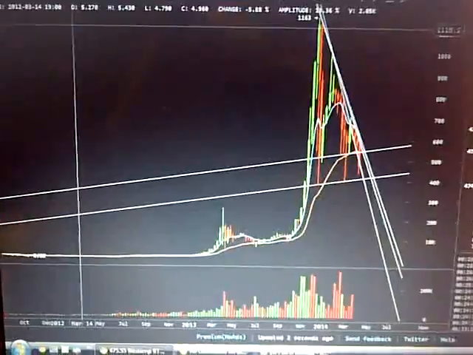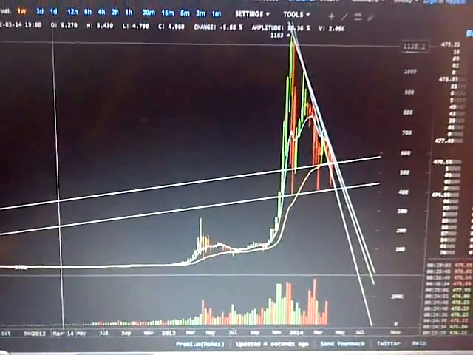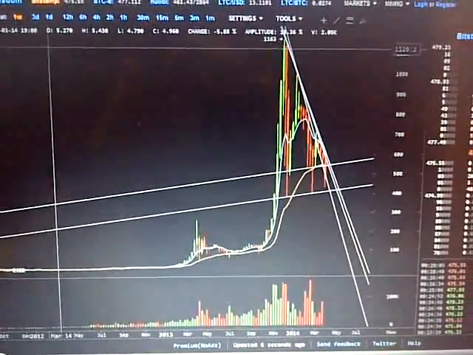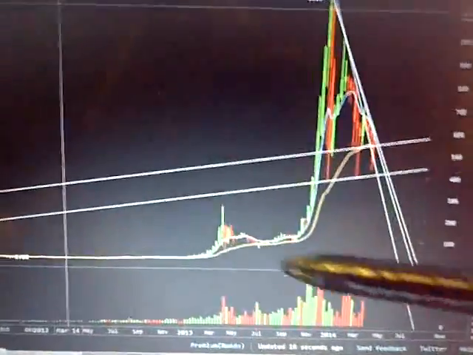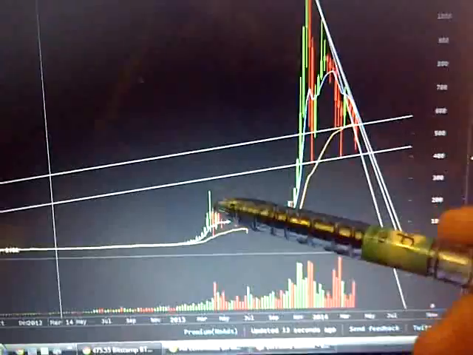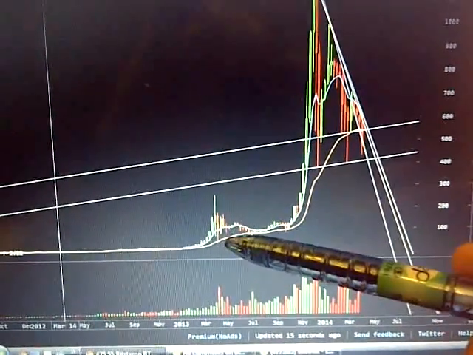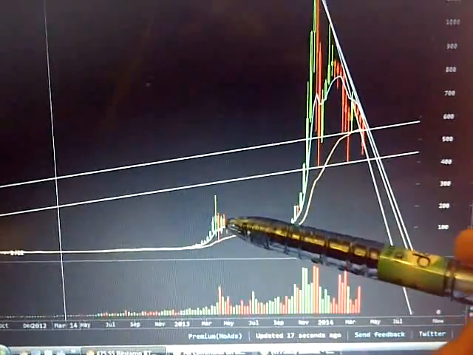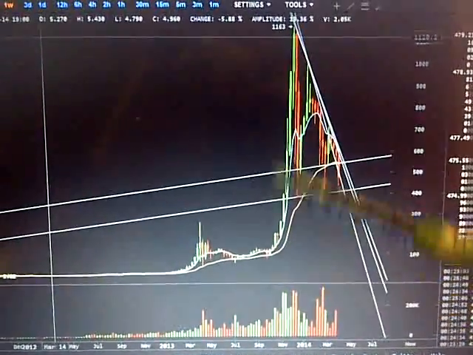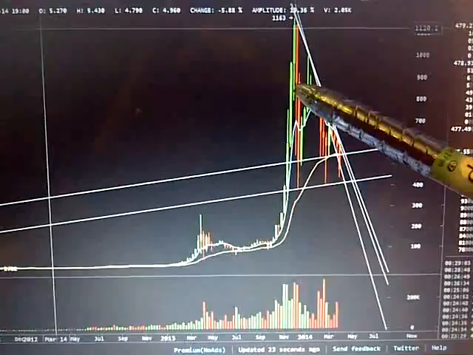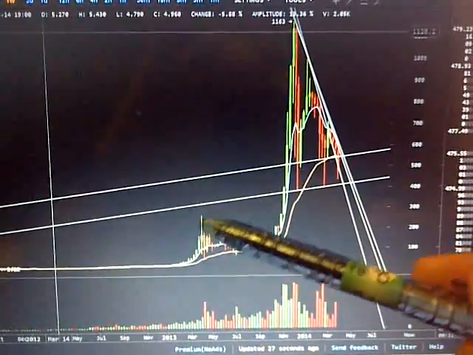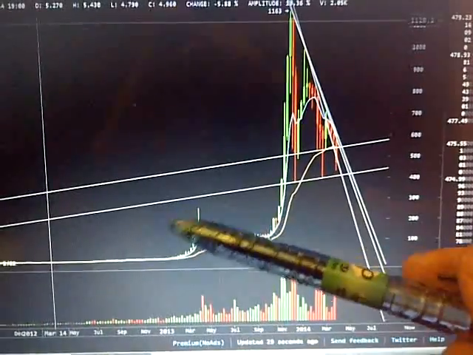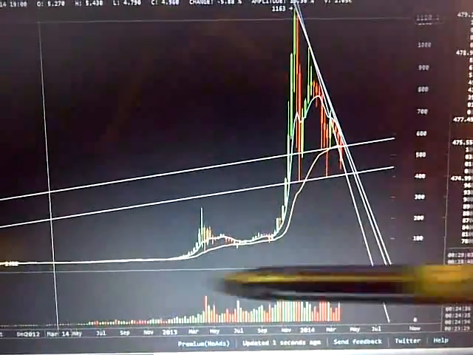Okay, so if you go back far enough, and even if you went back further than that, you'll see these little spikes and people are amazed, like, wow. And then the next spike is even bigger until you get to this spike. I've been saying this before.